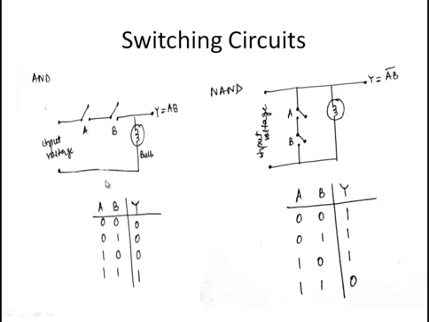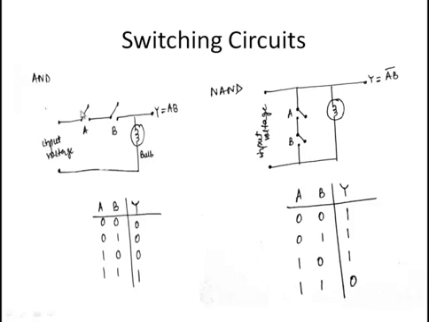Further, the zero state will represent that this switch is open, and 1 will represent that this switch is closed. So here 0 and 1 represent some logics. Now 0 0, that means both are open. When both are open, no input voltage can reach output, so Y will be 0.